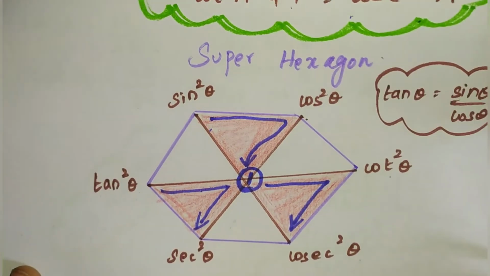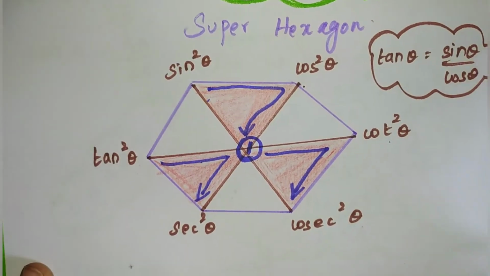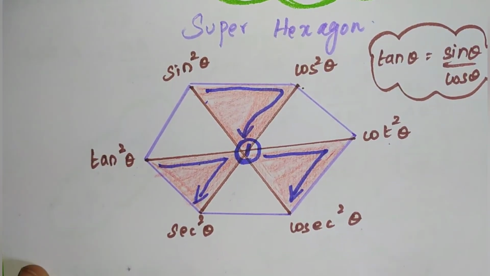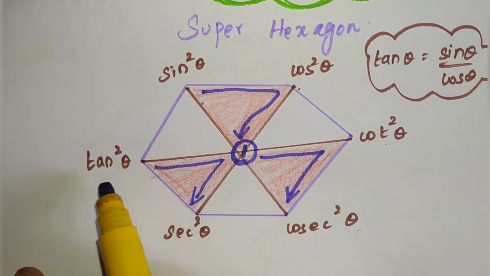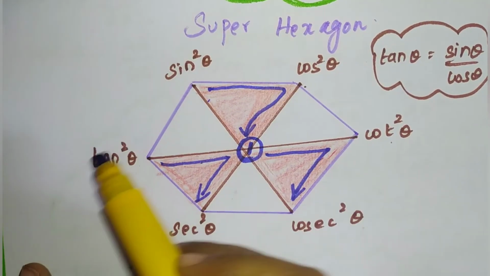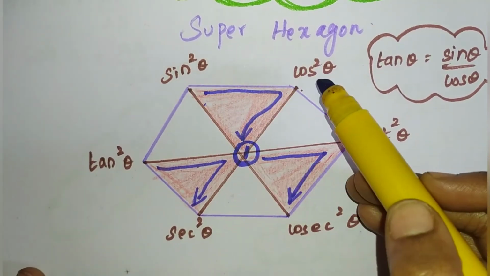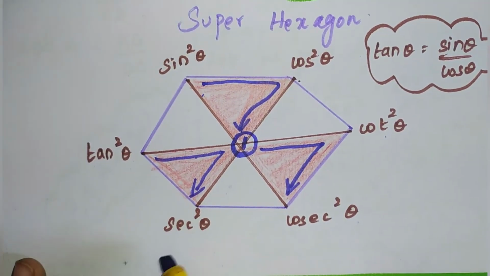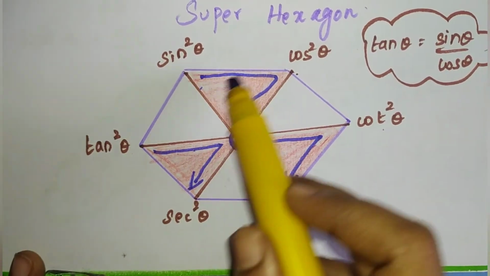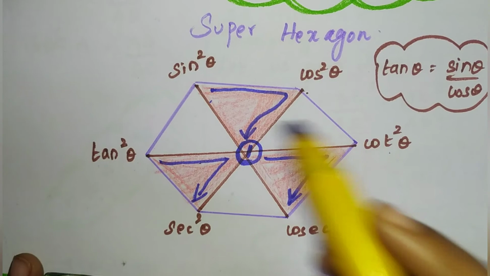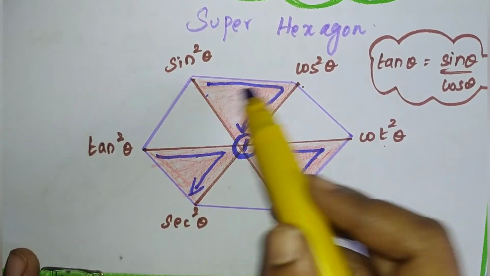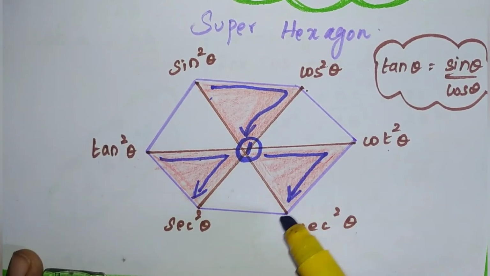It will have 6 sides and 6 vertices. In each vertex you have to represent the trigonometric ratios: sin theta, cos theta, tan theta, cot, cosecant and secant. Shade this triangle and this triangle, and draw the arrow mark like this.